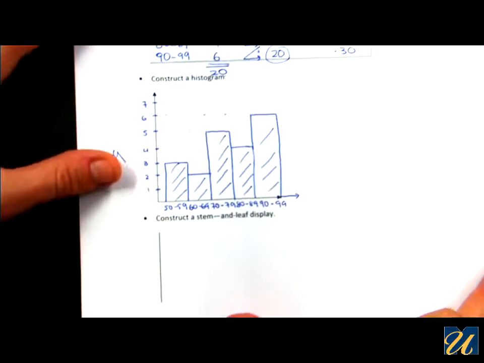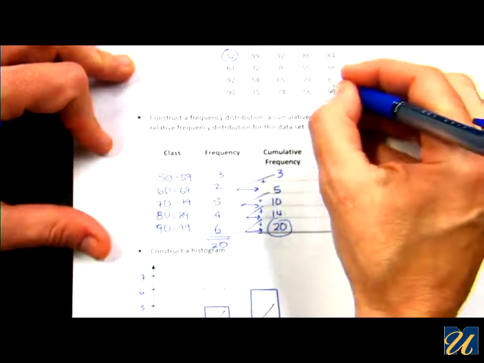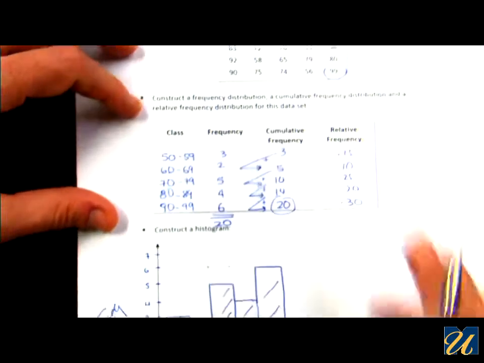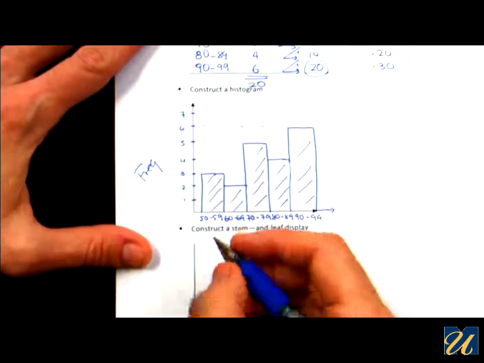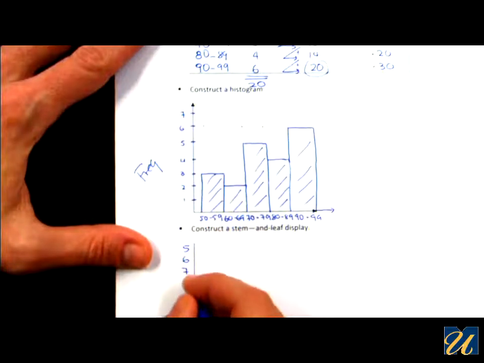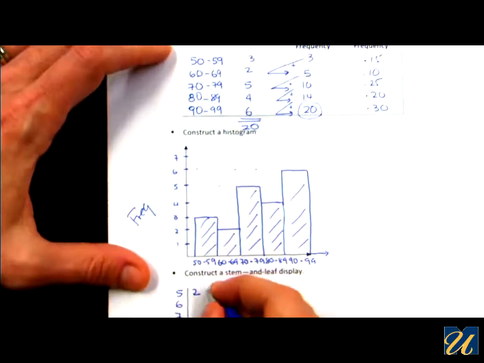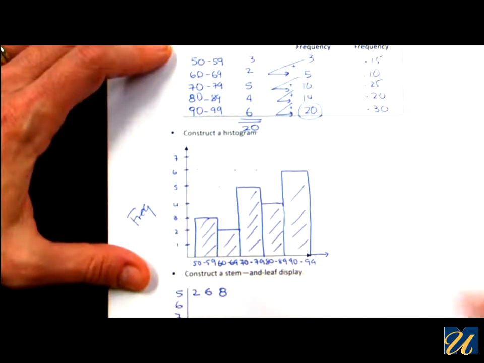Now, for the stem and leaf display, you go by minimum, maximum, from 5 to 9. So you will have 5, 6, 7, 8, 9. So 52 would be 5 and 2, 56, 58.